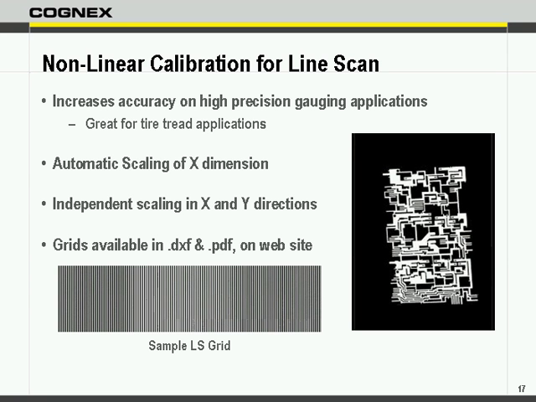Instead of a dot grid that you use in Intellect, or perhaps a checkerboard grid that you might be familiar with from Insight, this uses a line grid. It's just a bunch of lines. The key being that all the lines are the same and they're evenly spaced. You put this in front of the camera, tell it to train. You can optionally tell it what the pitch is between the lines. So that's a pitch from center to center.